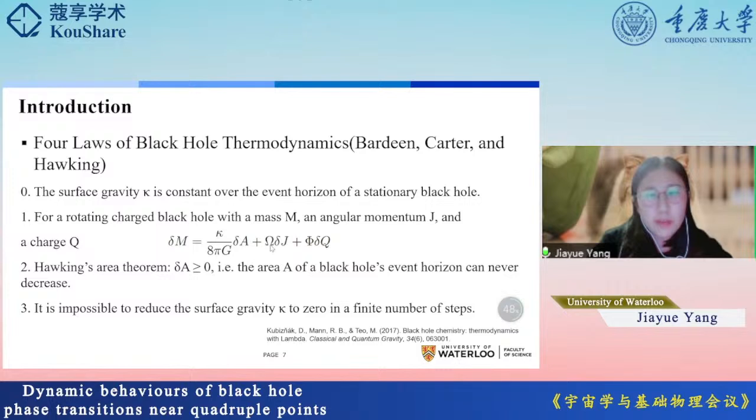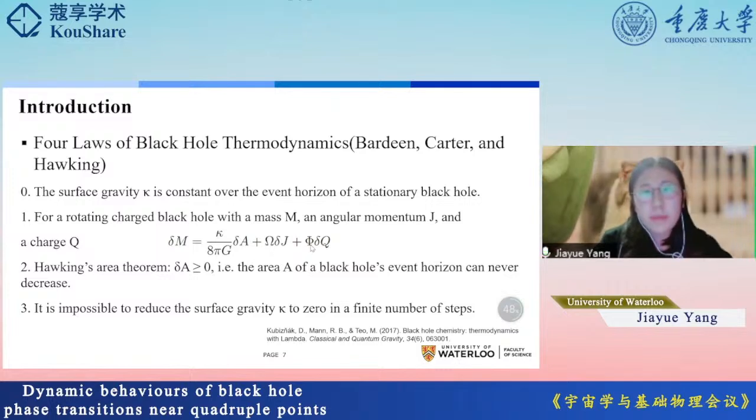Omega is angular velocity and phi is the electric potential. So this can be written as delta M equals T delta S plus some work terms. T is the temperature, S is the entropy.